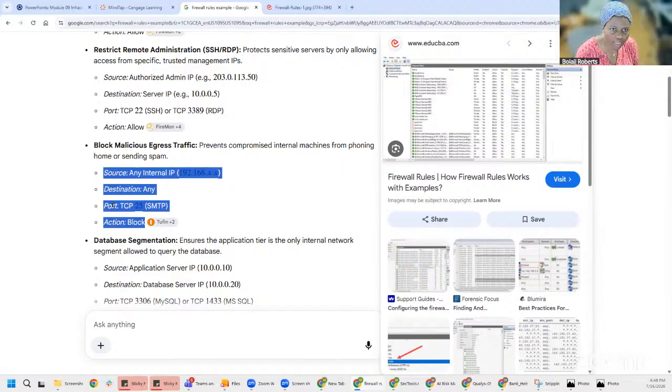The rule is saying that any internal IP that is coming to any destination on SMTP, which is the Simple Mail Transfer Protocol, block it. Why do you think that this rule is good or is needed? What's the advantage of this rule? Ahmed.